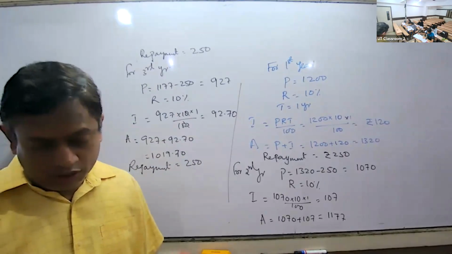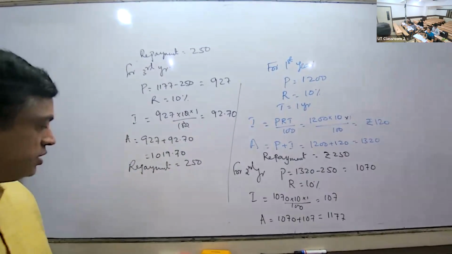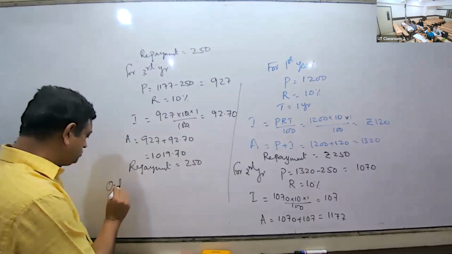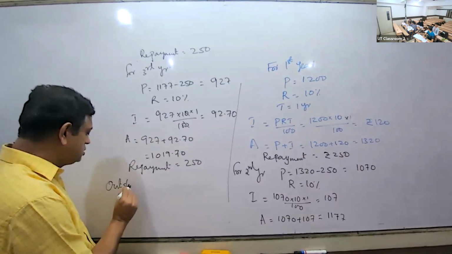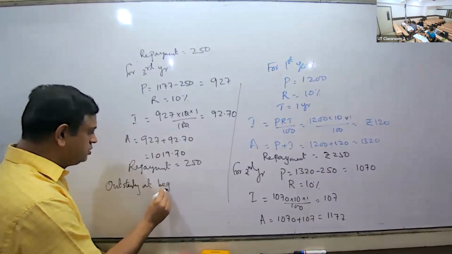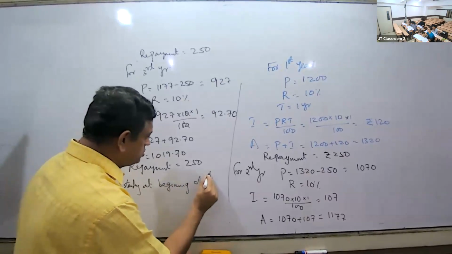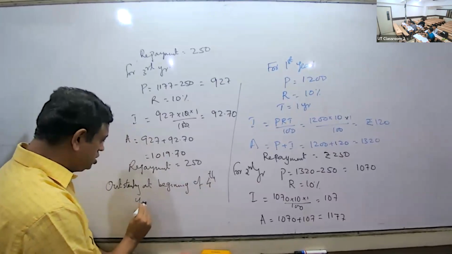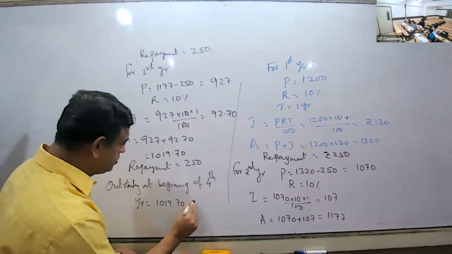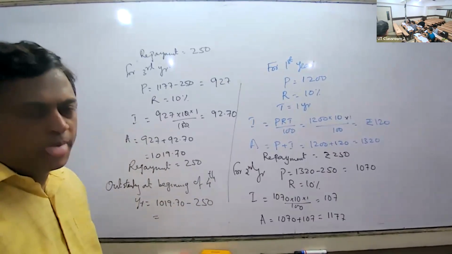Read the question. What do you have to find out? You have to find out the outstanding at the beginning of the fourth year, which means principal. How much will be there? 1019.70 minus 250 means the principal at the beginning of the fourth year.